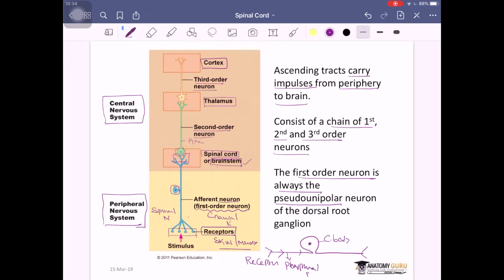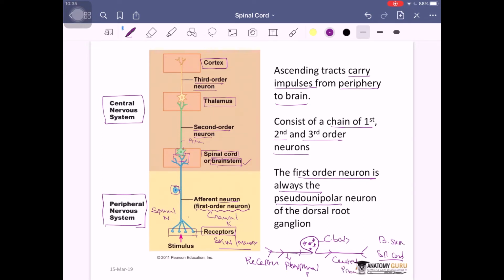It brings the information. The information will get processed in the cell body of this neuron, and then the same information leaves via another process. This process is going to the spinal cord in case of your spinal nerve, and the brainstem in case of your cranial nerve. This is what we call a central process.